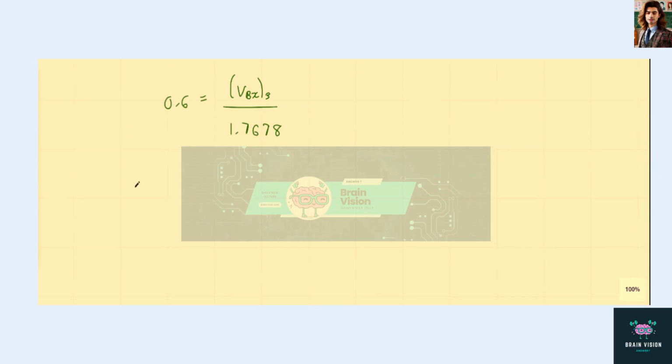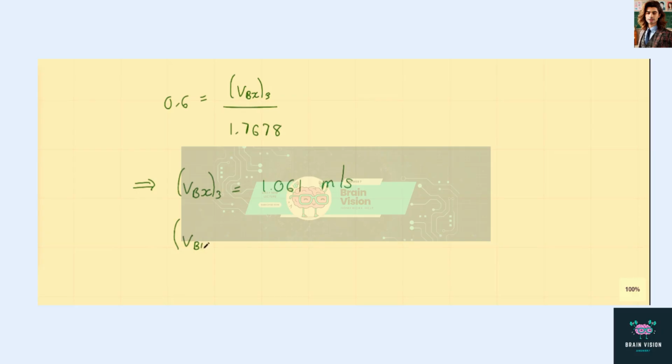And so again, if we rearrange this, we get VBX3 to be 1.061 meters per second. So the final X component of the billiard ball after making two collisions is 1.061 meters per second.